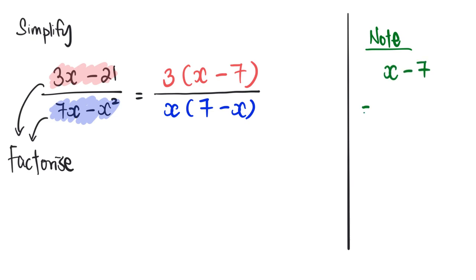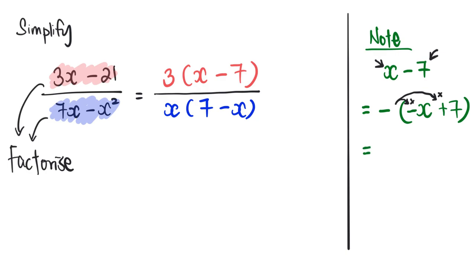And if I take out negative 1 as the common factor, you will see x as negative x, 7 as positive 7, because if I multiply negative times negative will give me back my positive x. Negative times positive will give me back my negative 7. So they are still equal.